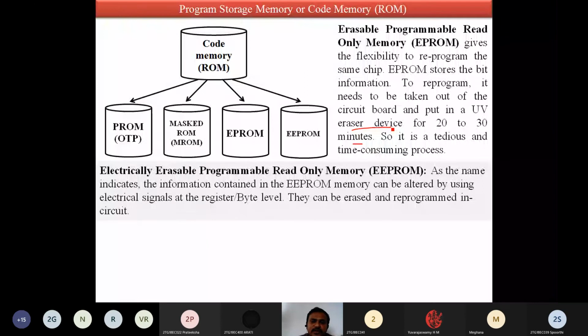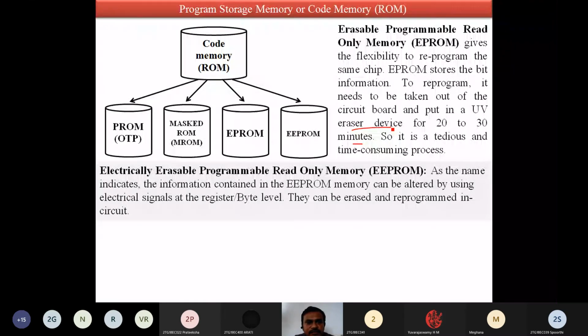No need to remove it from the circuit, go for reprogramming, and connect the device to the board again, as in EPROM. What about electrically erasable programmable read-only memory? Here the concept is the same. You can reprogram this memory within the device itself. No need to remove it and rejoin it.